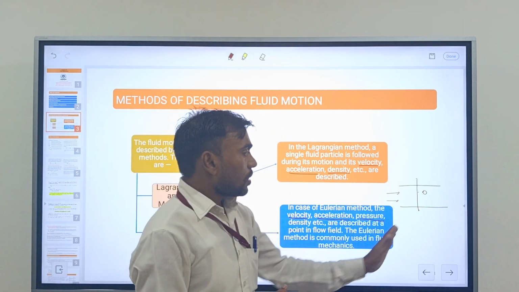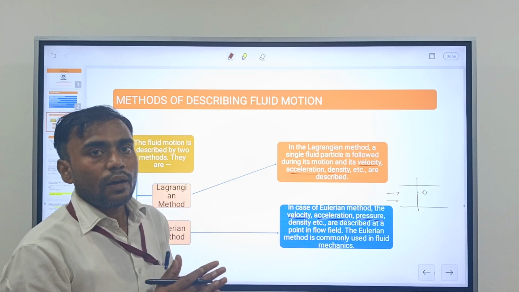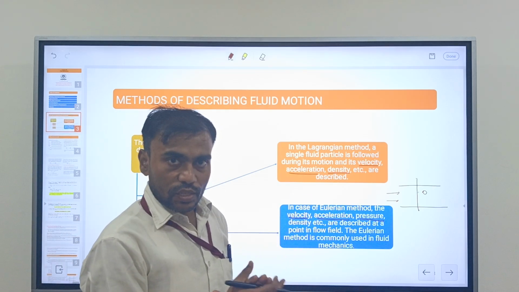Using these parameters we describe the whole fluid flow motion.